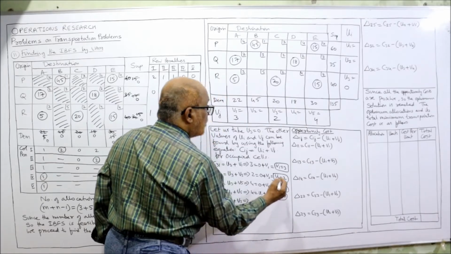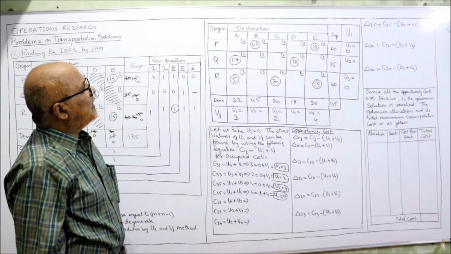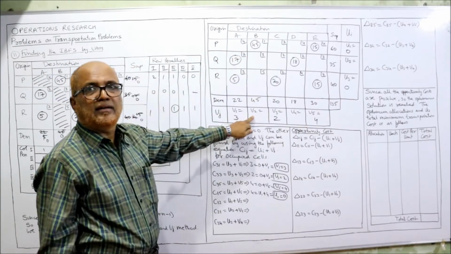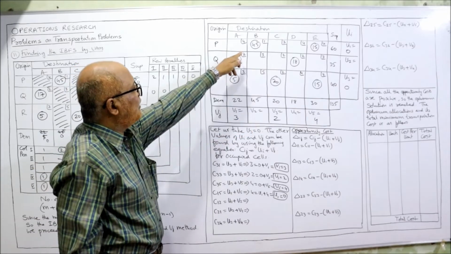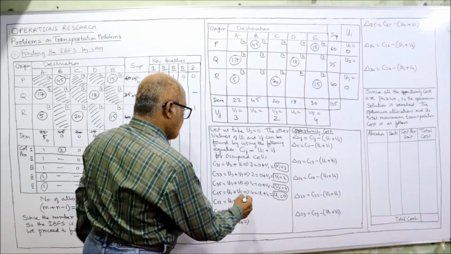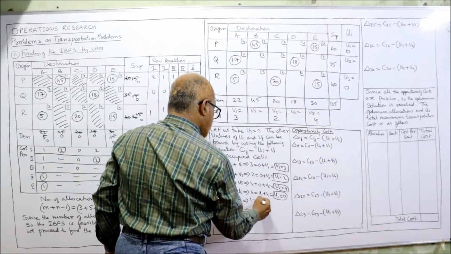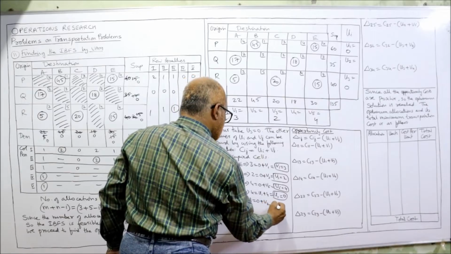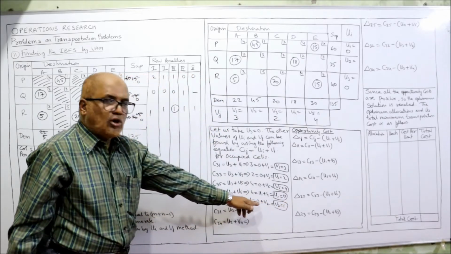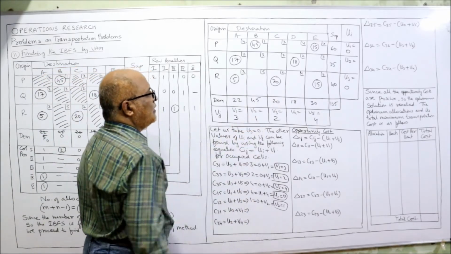So u1 is equal to 0. Now C12, this occupied cell gives us the v2 value. C12 is equal to u1 plus v2. C12 is 1. 1 is equal to u1, which is 0, plus v2. So v2 is equal to 1.